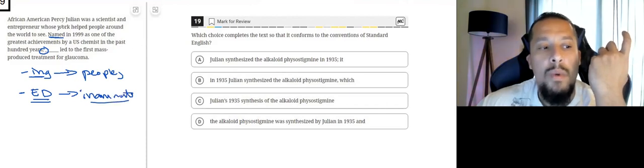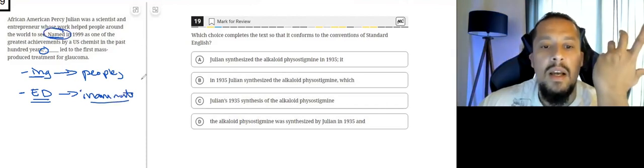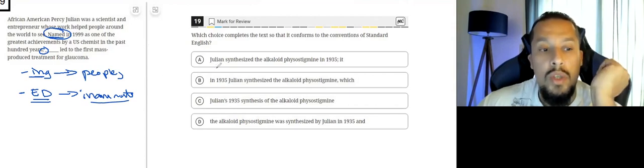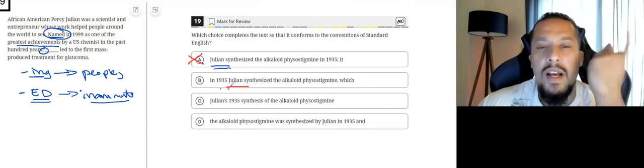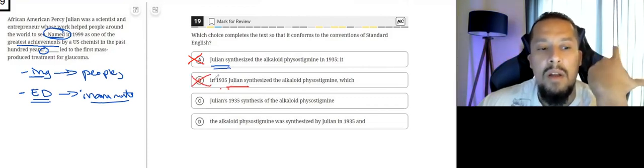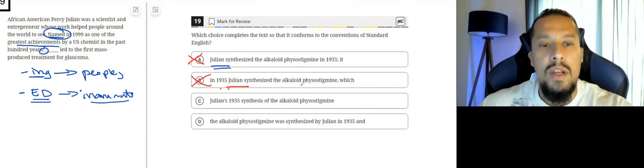So here, what was named in 1999? What was named? Was Julian named in 1999 as the greatest achievement? Can Julian be the greatest achievement? Well, no, right? In 1935, Julian synthesized, again, we have a misplaced modifier. Was it Julian who was the greatest achievement?